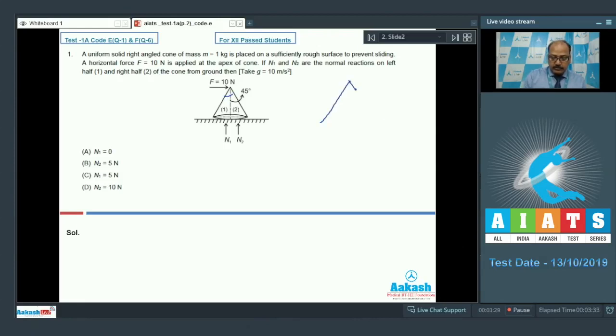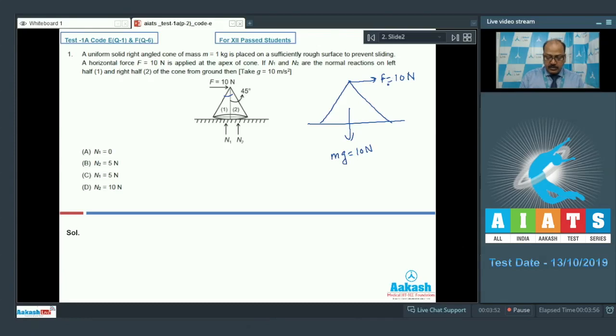Let's draw something like this. The force F of 10 Newton is acting here. Its weight will be acting symmetrically, and its mass is 1 kg, so its mg is also 10 Newton.